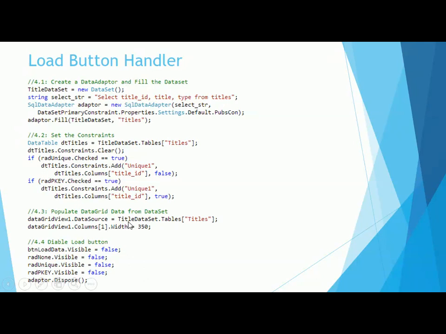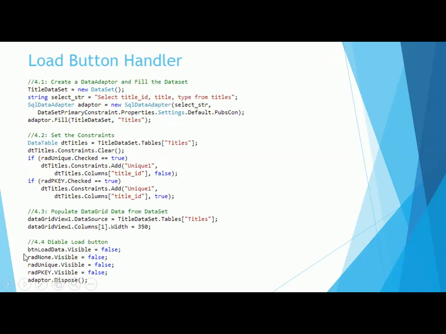So the data table, once again, we are retrieving from the titles data set, and then retrieving the data table. So when we are setting the data source this time, the data table is loaded with constraint or without constraint based on the radio box selection. This width is just to provide more room for the title. Once the data is displayed, you will know why we are explicitly setting a higher width for the second column.